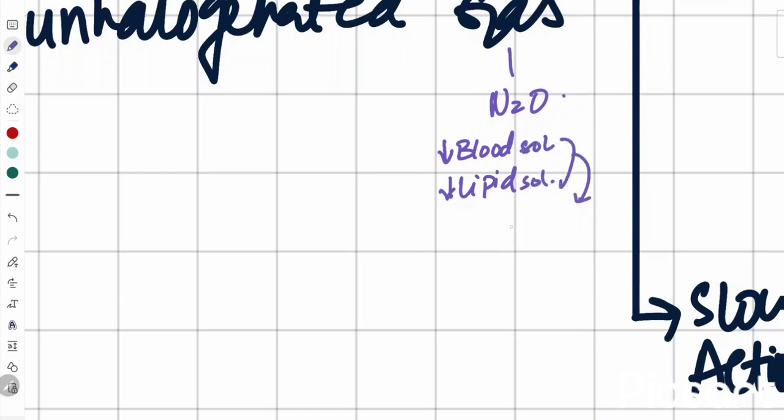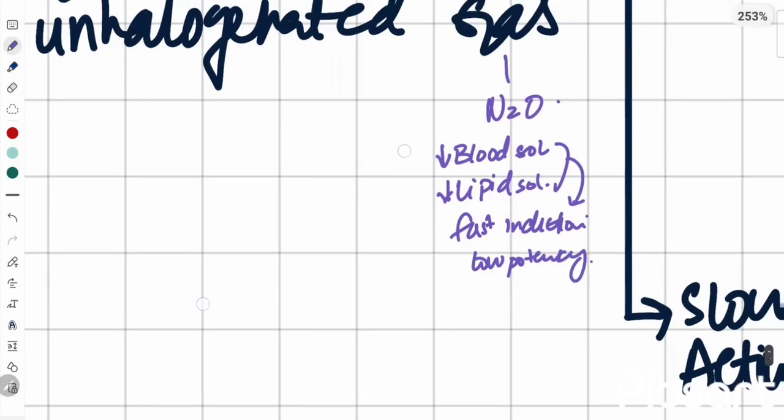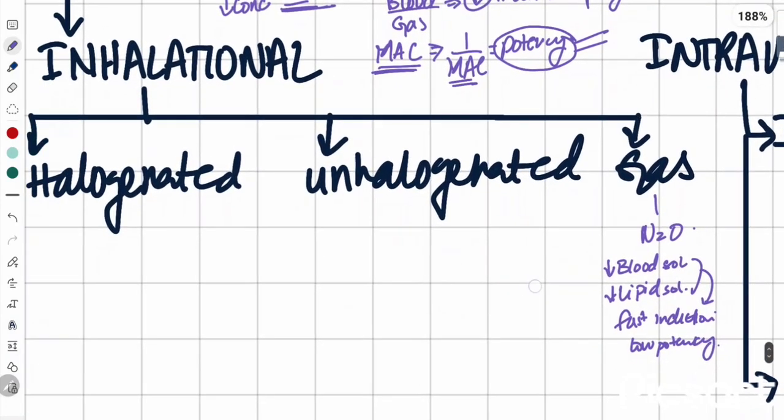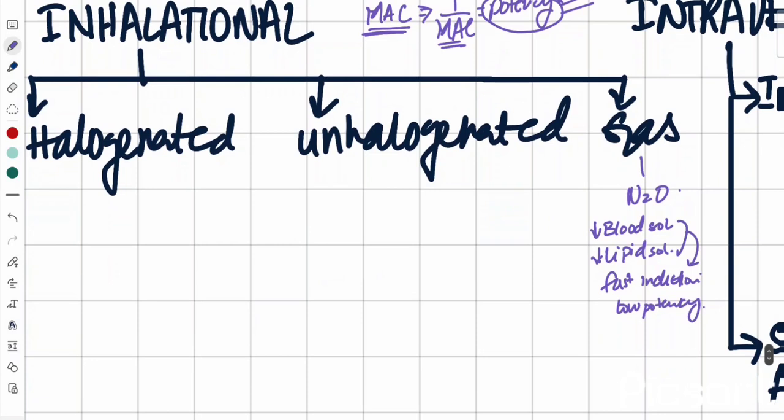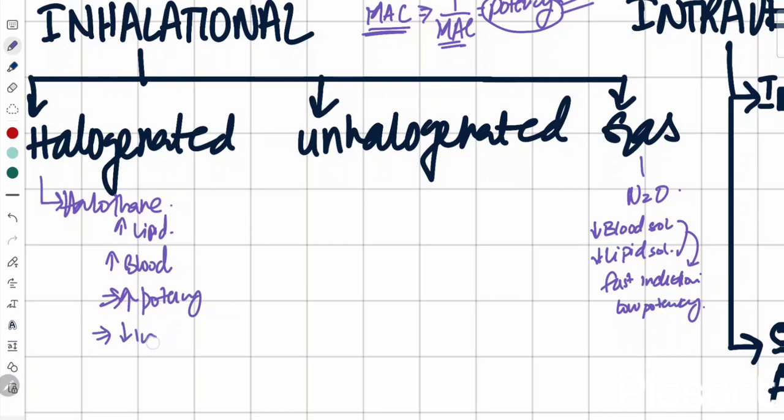When both of these are low, it is going to induce fast, so fast induction, but it has low potency because the minimum alveolar concentration required is very high. But it's the opposite for halothane, which is halogenated. Halothane is more lipid soluble and more blood soluble, so it has high potency and slower induction.